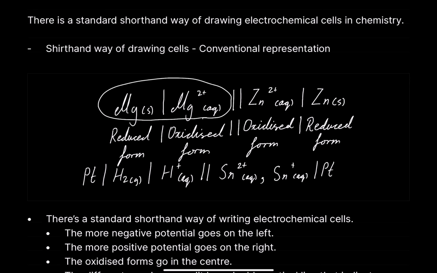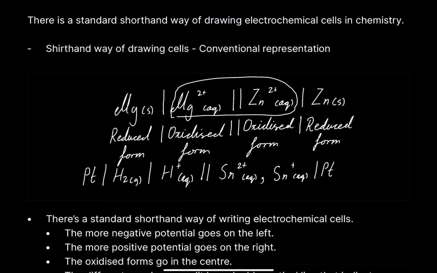And your reduction is going to be on your right hand side. You're always going to have the ions in the middle; both oxidized forms are always going to be in the middle, right?